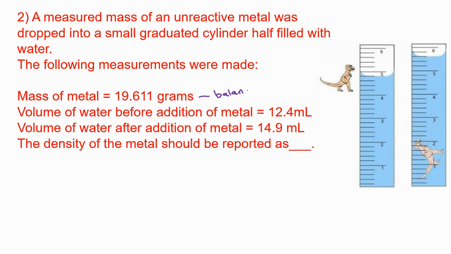Then there are 2 pieces of information about volume. It says the volume of the water before addition of metal was equal to 12.4 milliliters, and the volume of water after addition of metal is equal to 14.9 milliliters. This is a useful method known as displacement. Take a look at the dinosaur on the right. I can find its volume by first measuring the volume of a cylinder of water that has nothing placed in it.